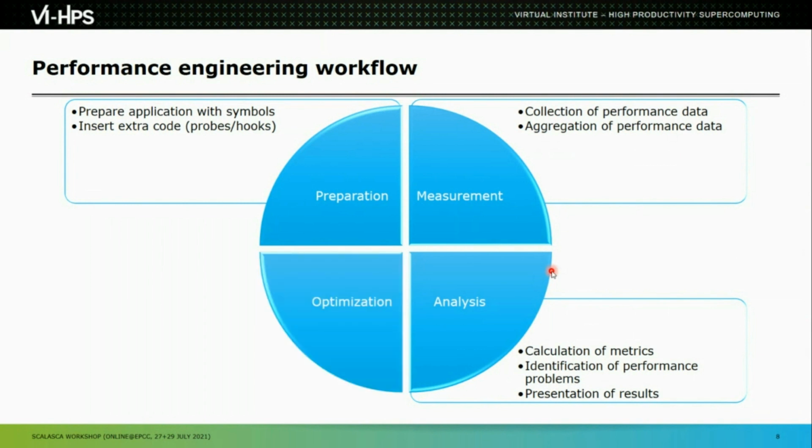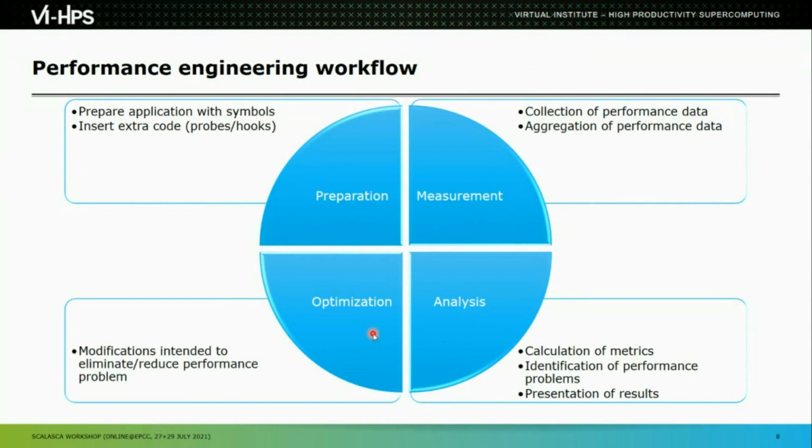But if it's not as expected, then the final step of this workflow is to make some modifications and hopefully improve things. These may be simple, in terms of just changing the number of processes and threads or running on multiple nodes, or it may mean something a little bit more involved, in terms of changing the bindings of processes and threads or changing the code and requiring you to go through this process again.